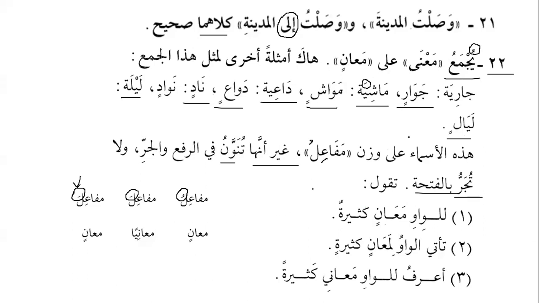But it says that when we have these verbs that we have already talked about, when they are marfu, they have kasratain. When they are majroor, they have kasratain. But when they are mansub, we know that because they are manqus, then the ya comes back. The ya comes back. So this is what they are talking about over here.